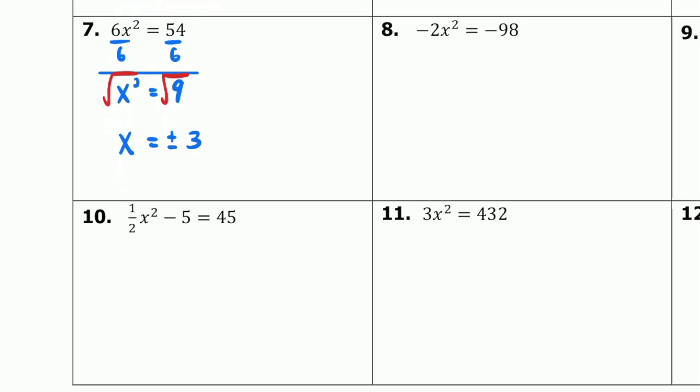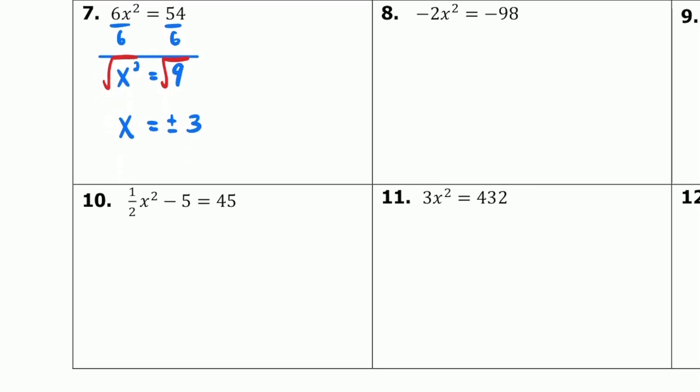Now, number 10, I see I have a fraction being multiplied at the front with 1/2 x squared minus 5 equals 45. And again, we're also now subtracting and multiplying in the same question. So what we want to do first is we want to do either add or subtract first, and then we go ahead and we multiply or divide.